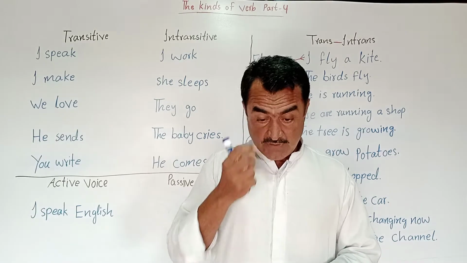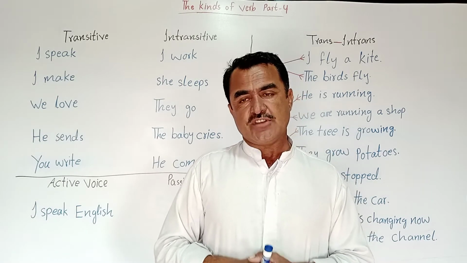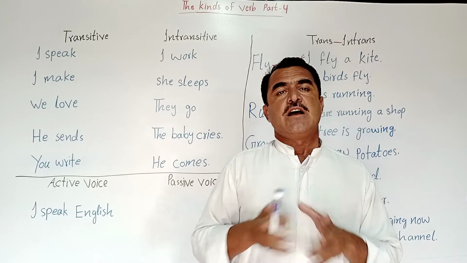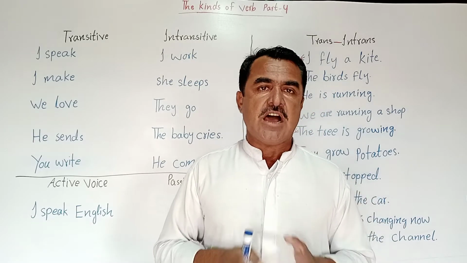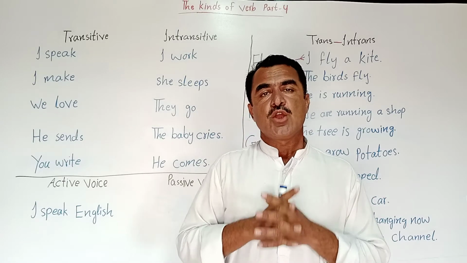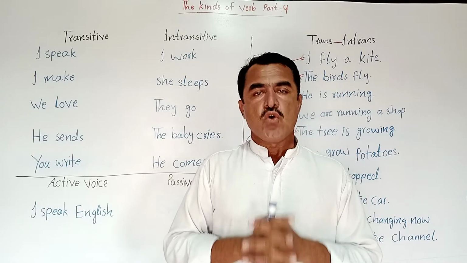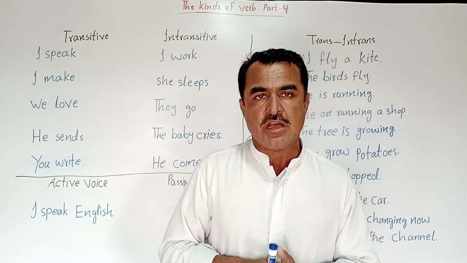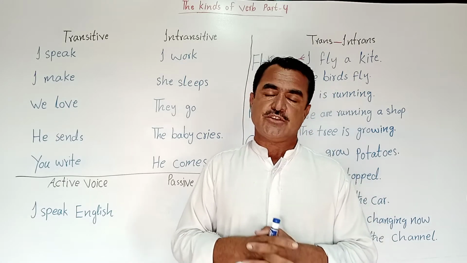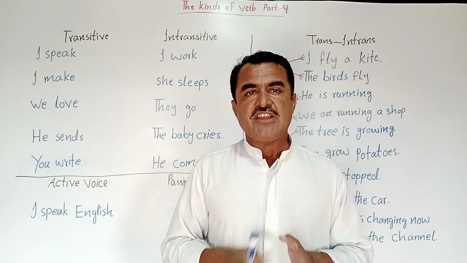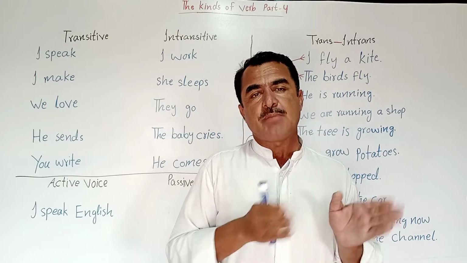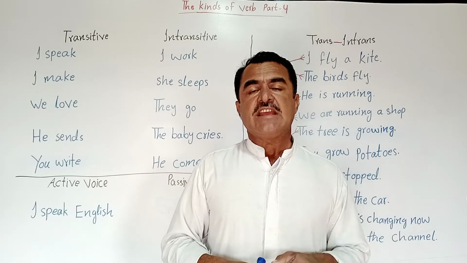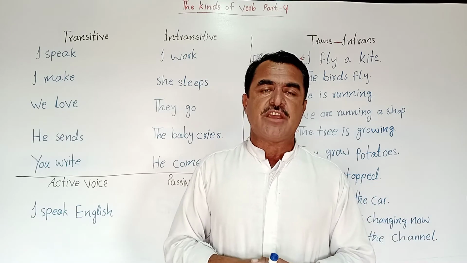Now, most people know it's very easy: transitive verbs are those verbs which take objects with them, and intransitive verbs are those verbs which do not take objects. If they take one, it is after a preposition, so that object is for the preposition, not the verb.